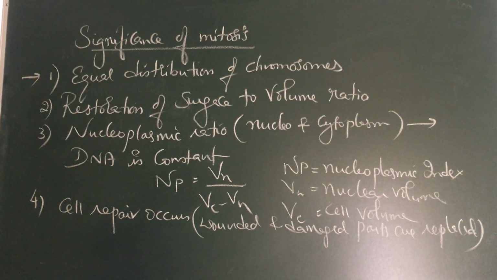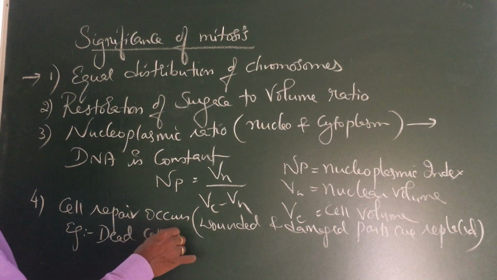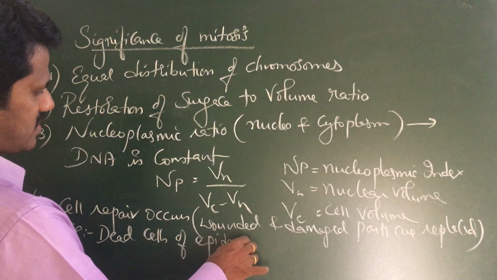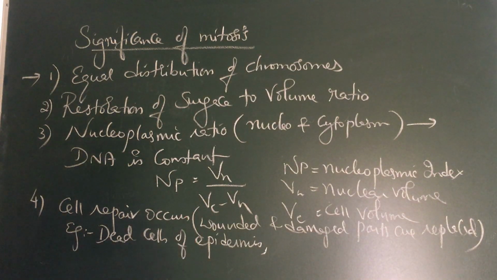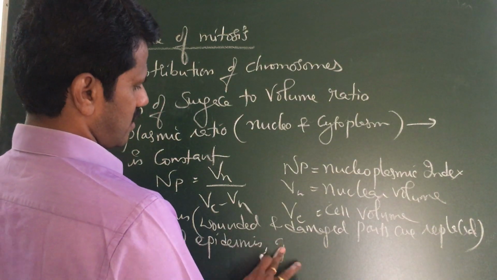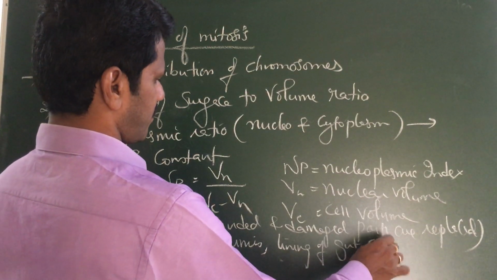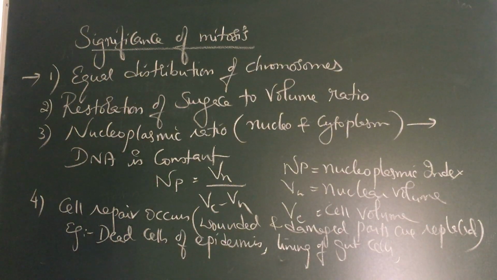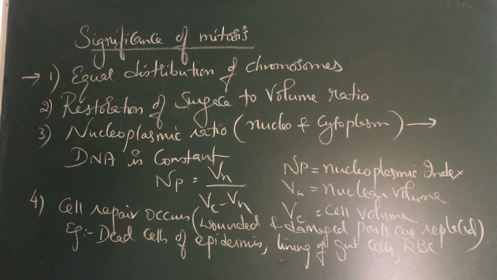Examples: dead cells of epidermis, where you can see the replacement; cells lining the gut, which can be replaced if damaged; and also RBC. All these are cell repair mechanisms.